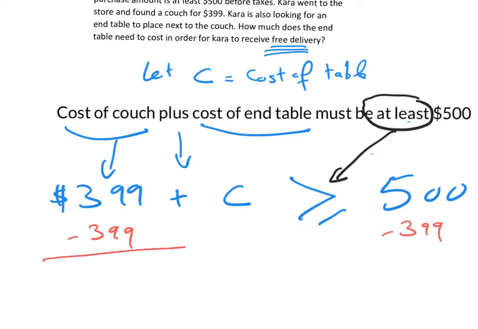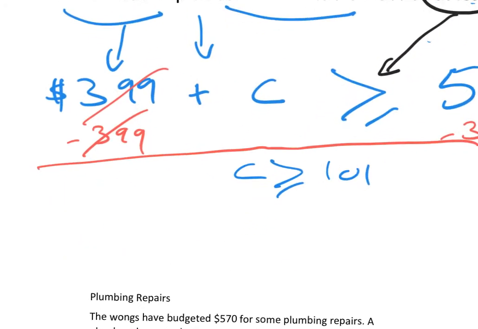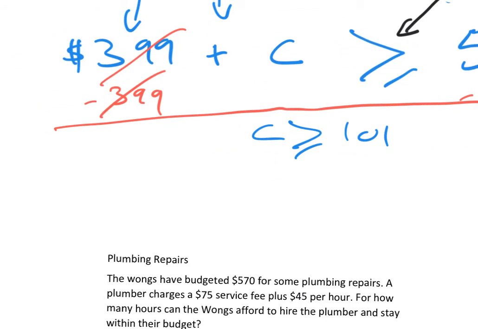That's gone, and we have C greater than or equal to 500 take away 399, which is 101. So the cost must be at least $101. That's the minimum money she has to pay in order to receive free delivery.